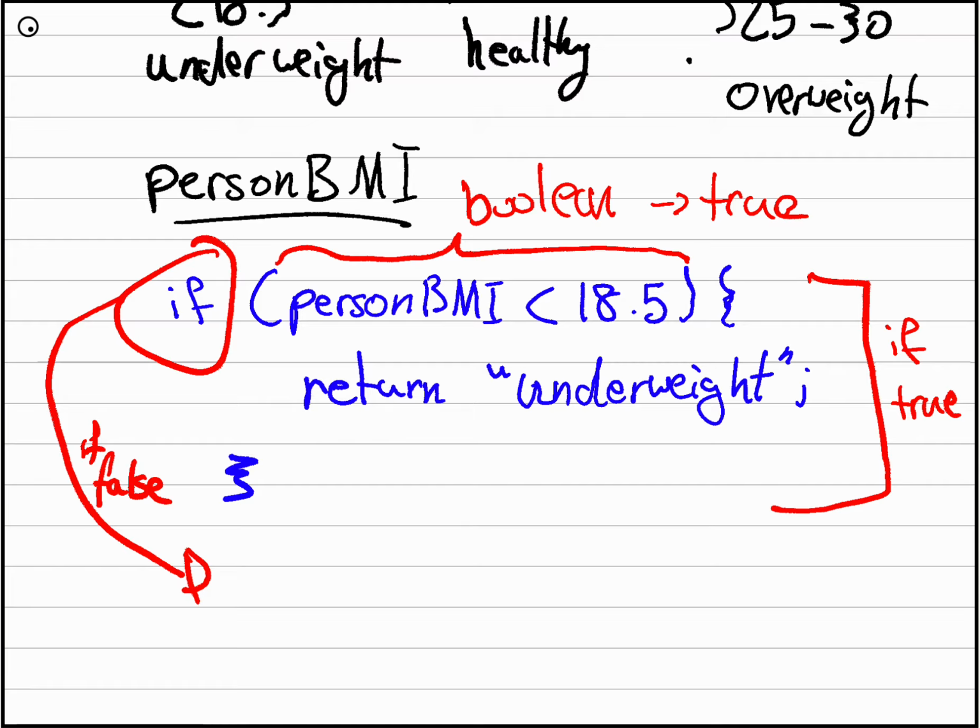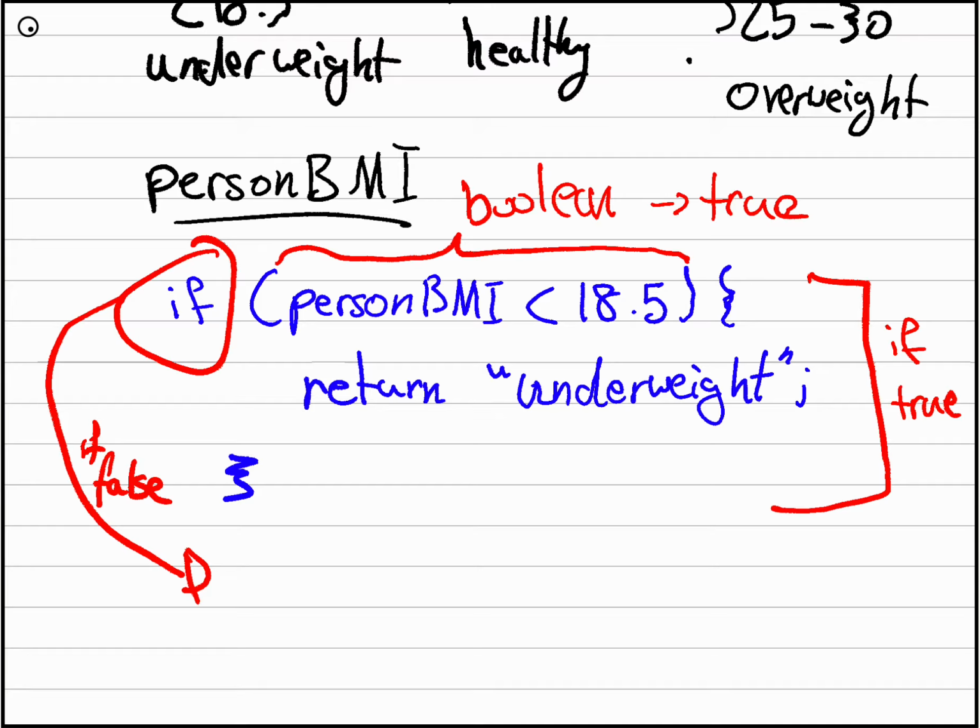So let's check with different numbers. If the person BMI was 1, it says, okay, if 1 is less than 18.5, what does that evaluate to? It is less than 18.5, so it's true. Exactly.